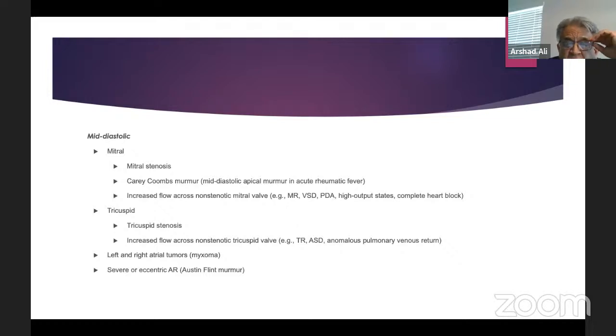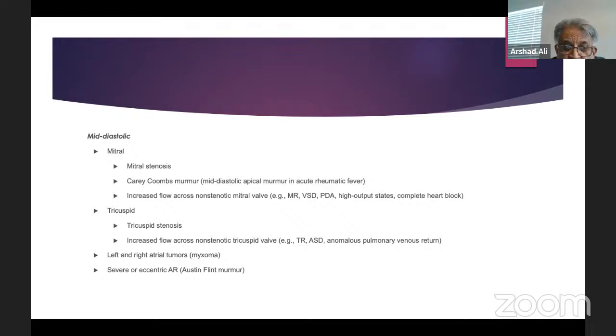Mid-diastolic murmur, classically, is a murmur of mitral stenosis. The Carey-Coombs murmur is a very classical murmur of acute rheumatic fever, in mid-diastole at the apex. With increased flow across a non-stenotic mitral valve, such as severe mitral regurgitation, VSD, PDA, or high output states of complete heart block, you can also hear a mid-diastolic murmur.